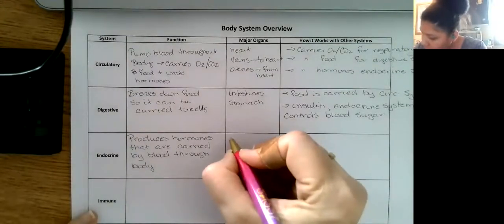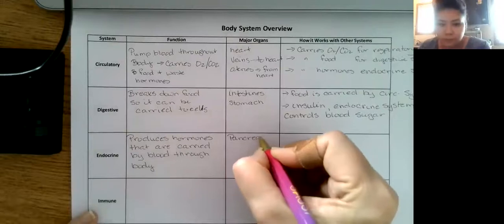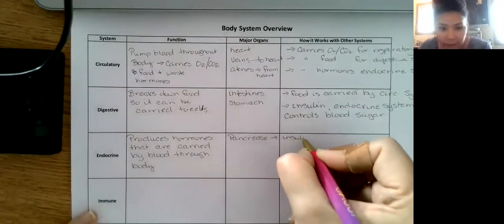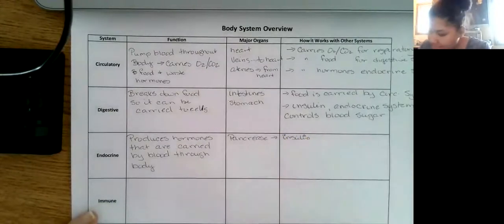We have the pancreas, which is the one that produces insulin, which I just talked about, and controls your blood sugar.